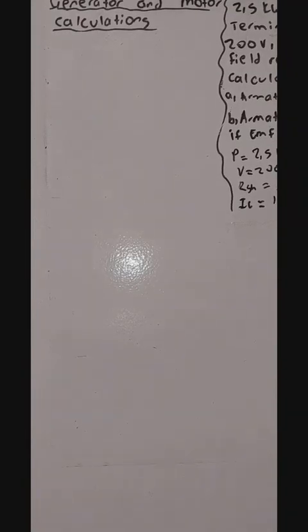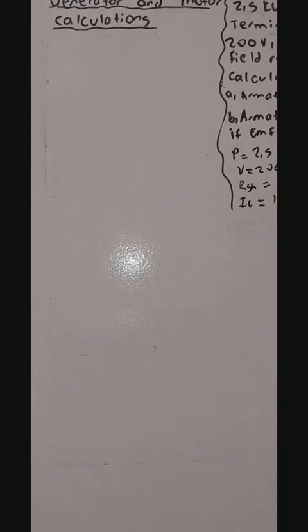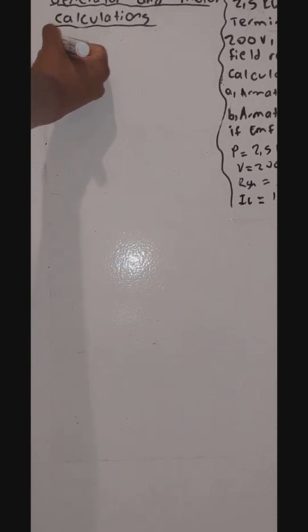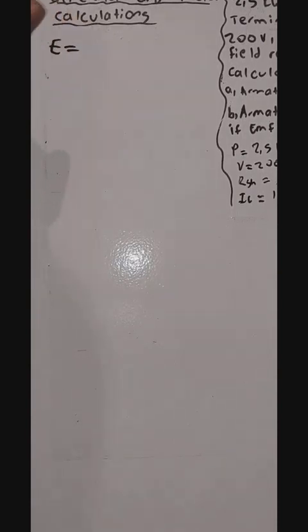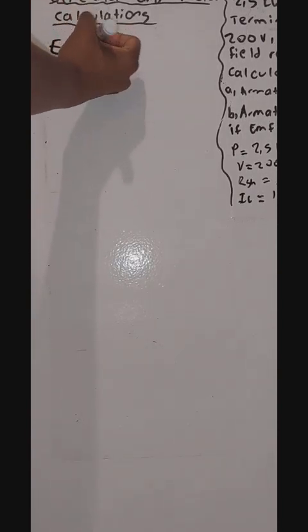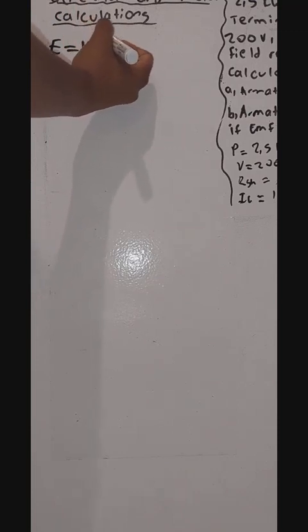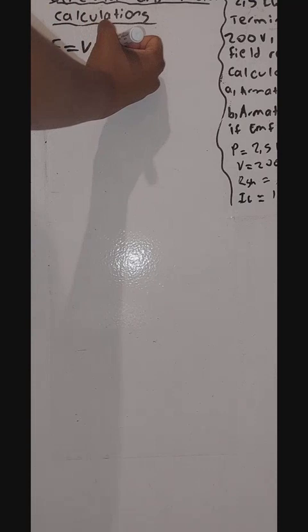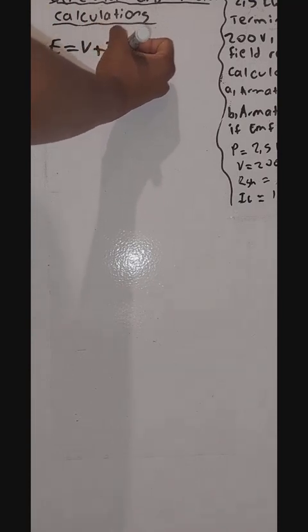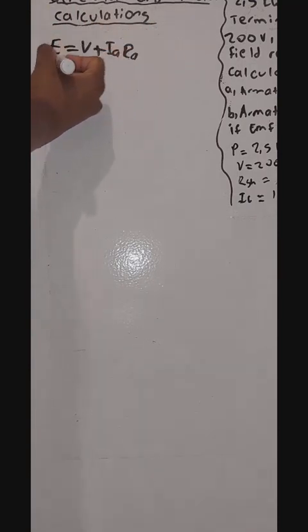So let's continue. We use this formula, which is E is equal to V of the generator plus IA RA. So do we have E?